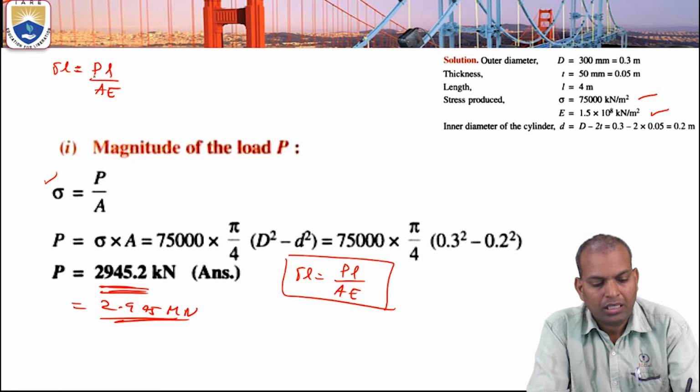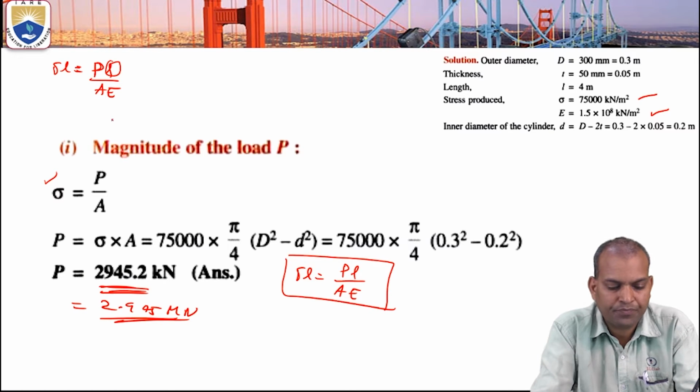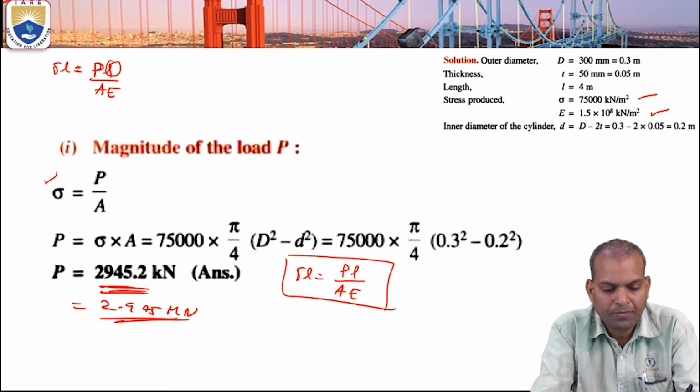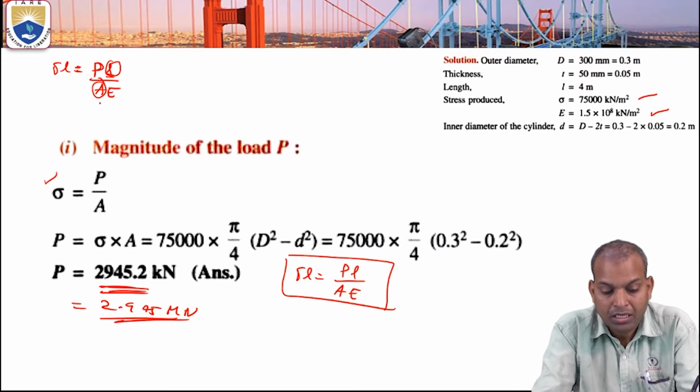Next, the length. Delta L is proportional to L. It also depends on the area of cross section. Whether the cross section is hollow or solid, if the value of the area of cross section is low, then delta L becomes high.